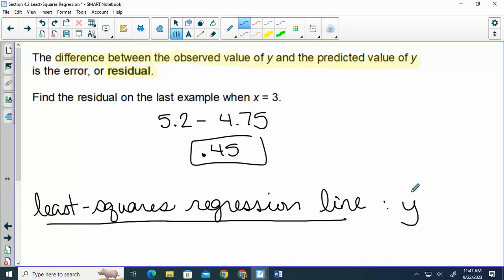Notation for this, it's a y hat, our predicted y, so you'll see that in your formula. And this is just the line that minimizes.